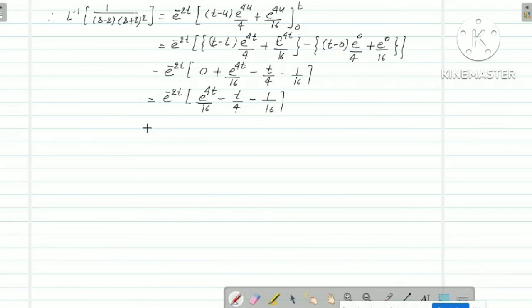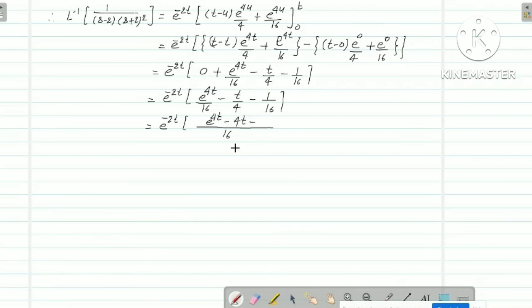Just take LCM, e raised to minus 2t, I'm taking LCM as 16. 16 divided by 16 is 1, multiplied by 1, so this becomes e raised to 4t. And minus 4 for the 16, multiply by 4 with t, so this becomes 4t.